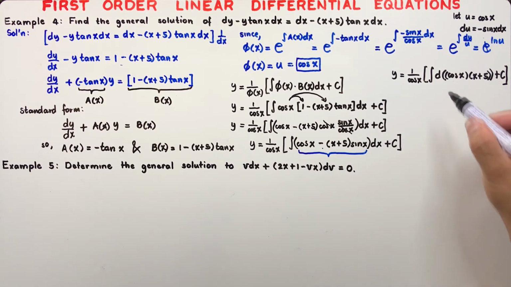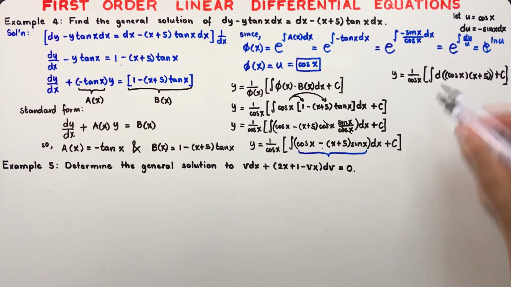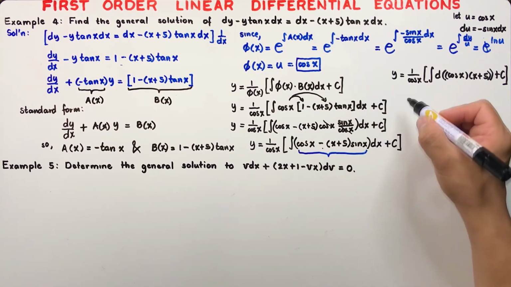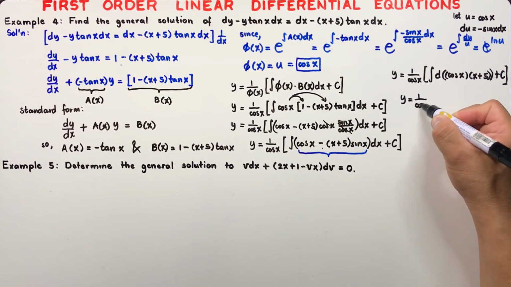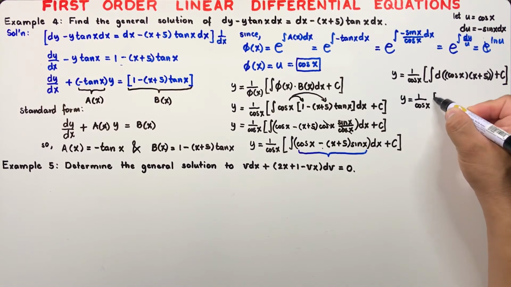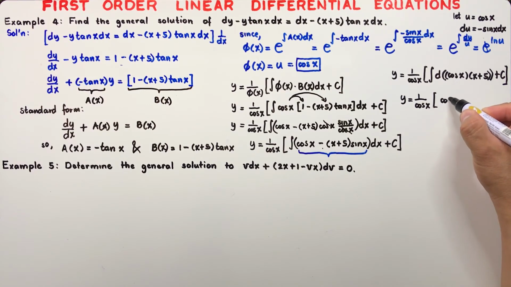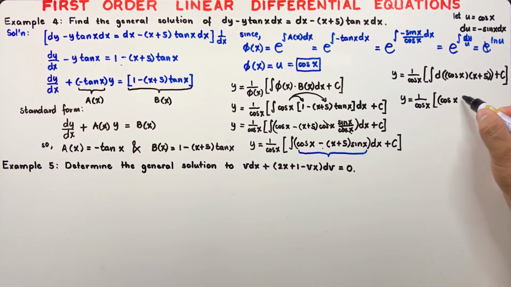So integrating a differential will cancel each other. So our y, which is equal to 1 over cosine x times the quantity of the cosine x times x plus 5. And this is added to the constant of integration c.